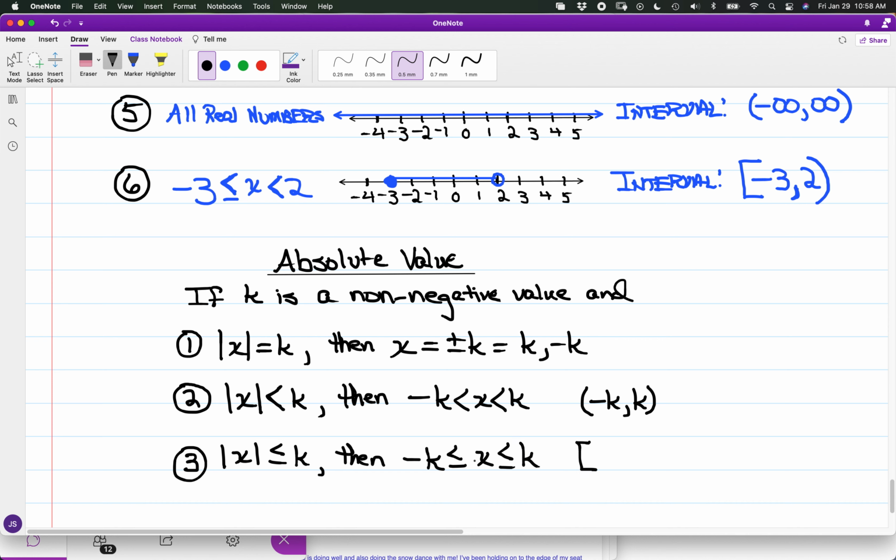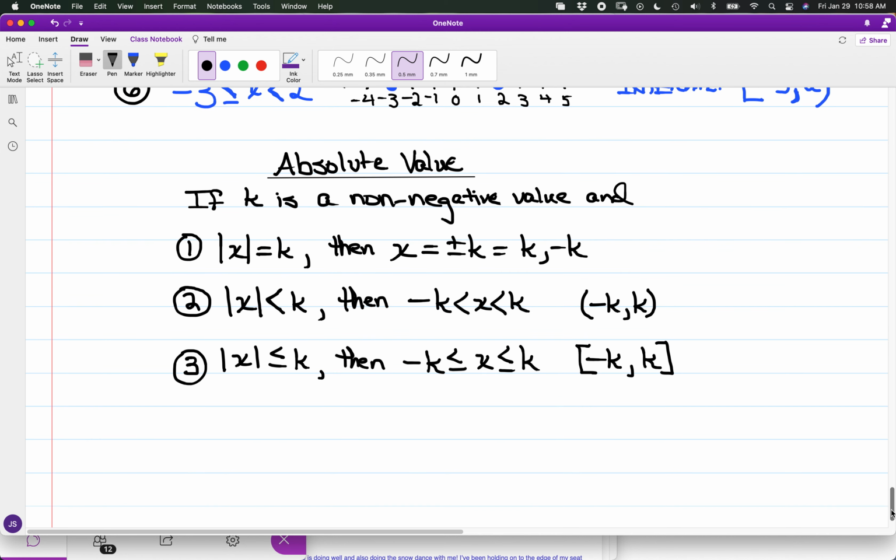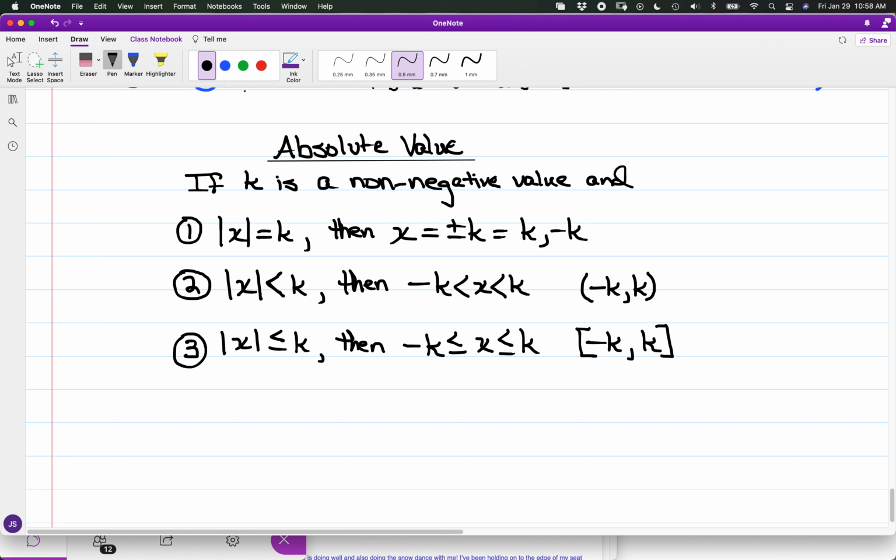With the equal signs, the solution set in x would have in the interval notation brackets around negative and positive k. And if we have the inequality go the other way, such that we have greater than k.